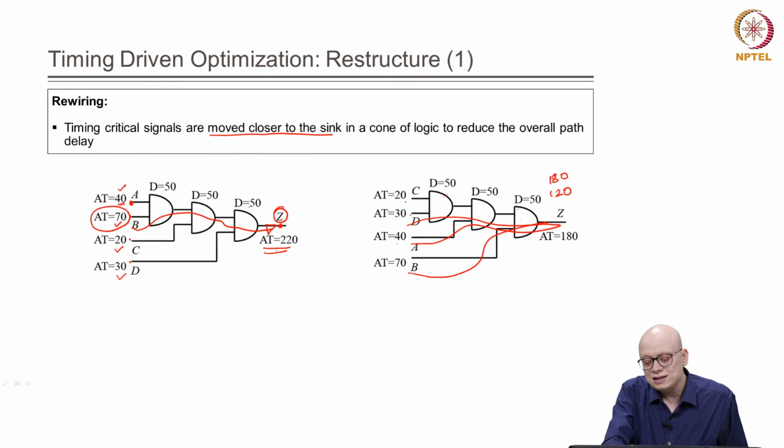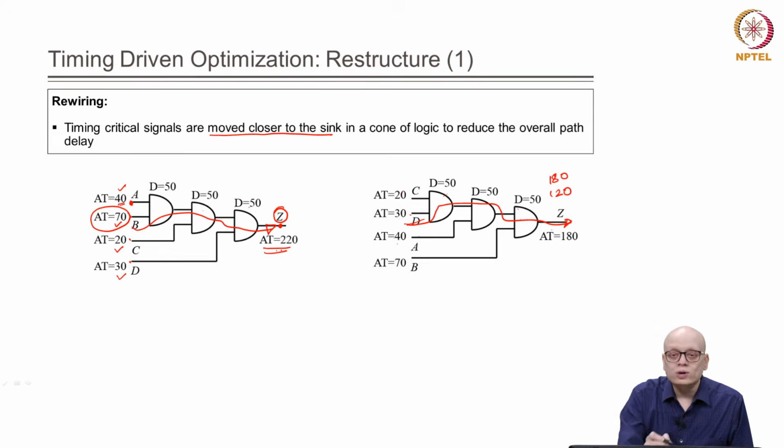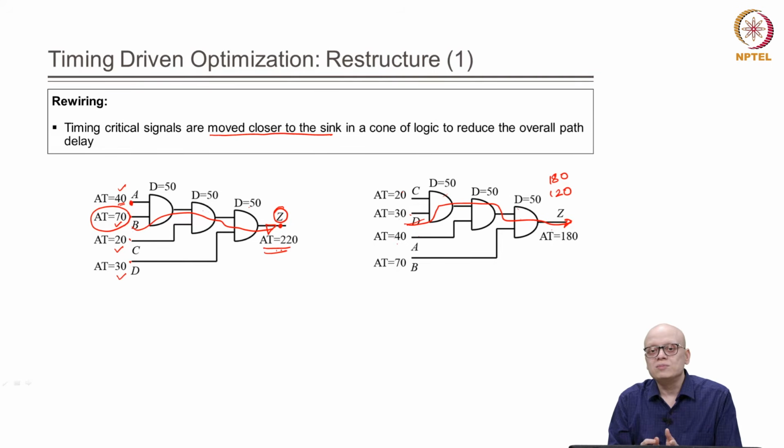So, the path exhibiting the maximum arrival time is this one, with an arrival time of 180. So, from 220 we have improved the arrival time to 180 by rewiring.